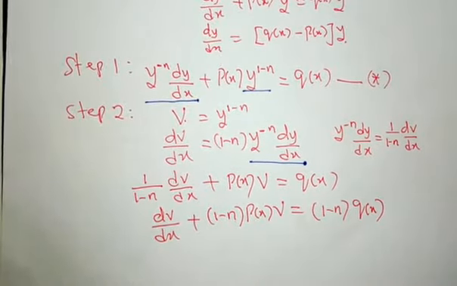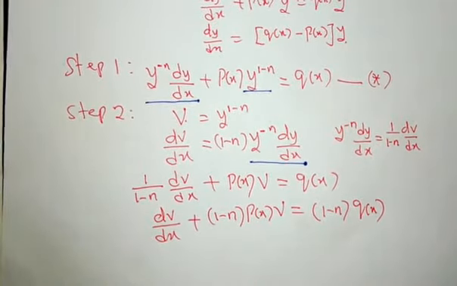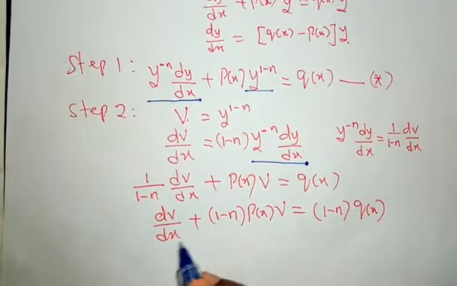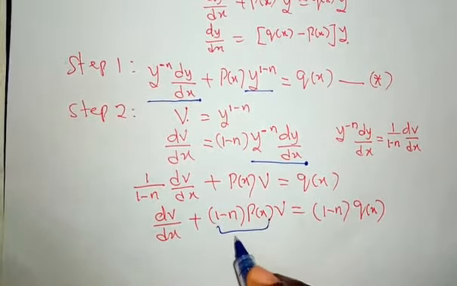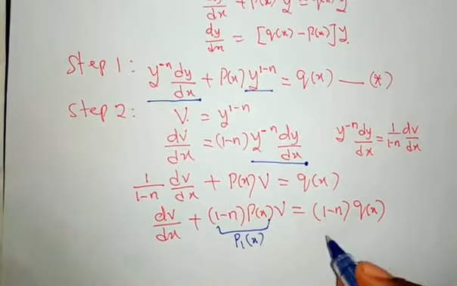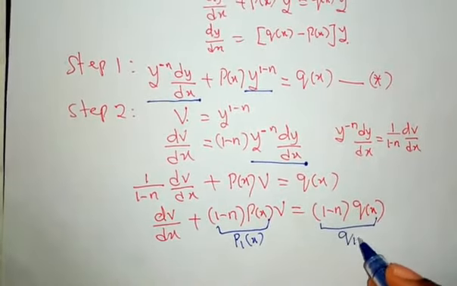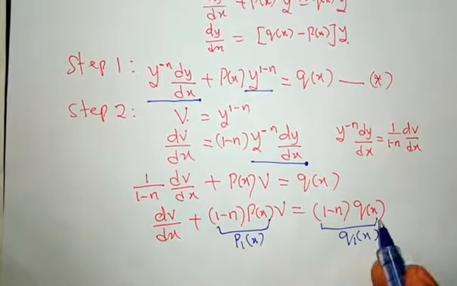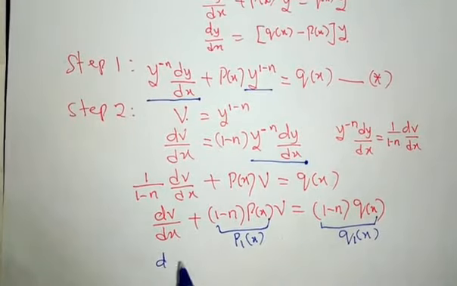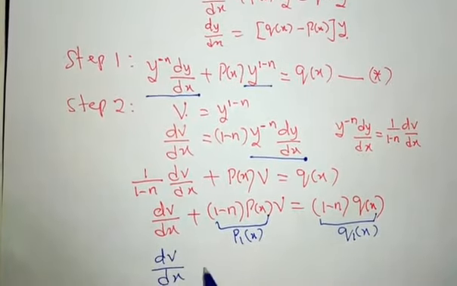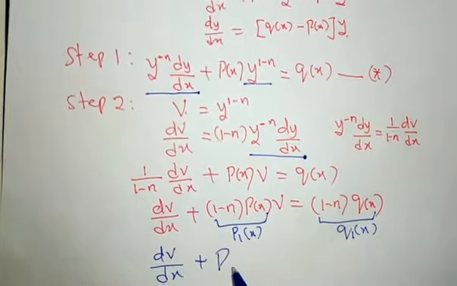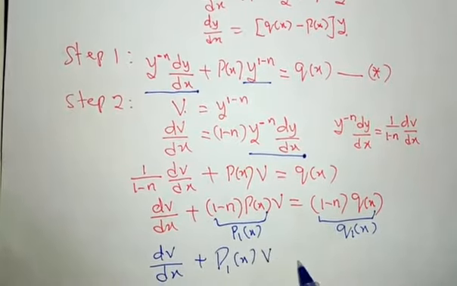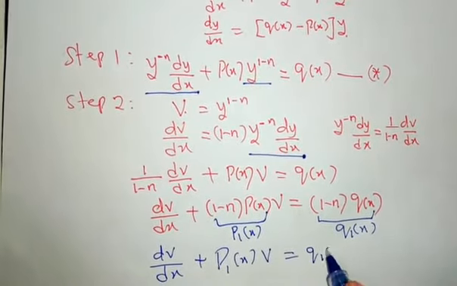We can rewrite this equation if we call this p1(x) and call this q1(x). This last equation becomes dv/dx + p1(x)v = q1(x).